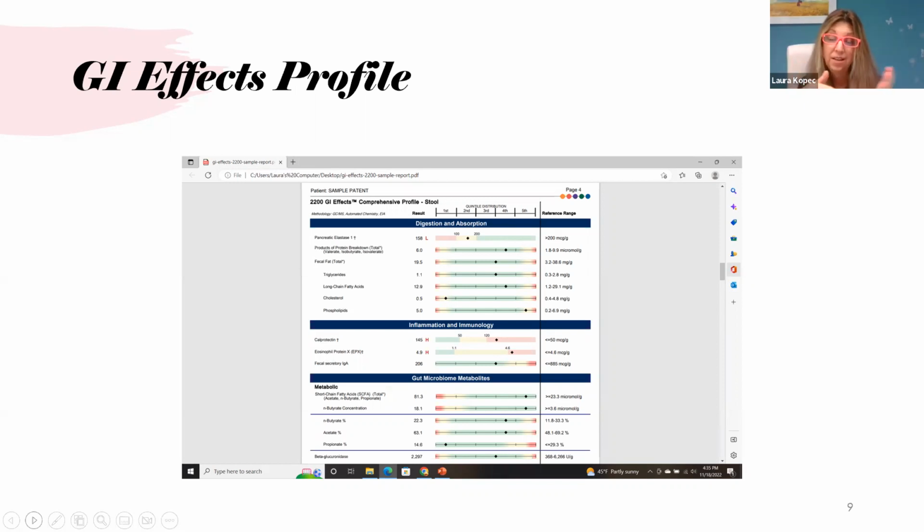I think this is fantastic if you're optimizing and there's a family history. Why wait until there's cancer cells? Also looking at short chain fatty acids, these can really affect people's skin, eczema. It can affect the way that people are metabolizing fat. So a lot of really fantastic information here.